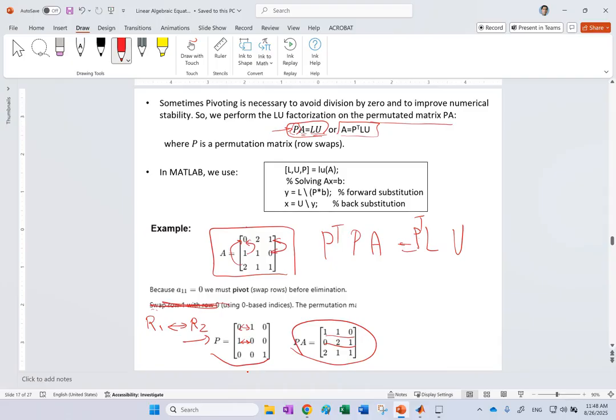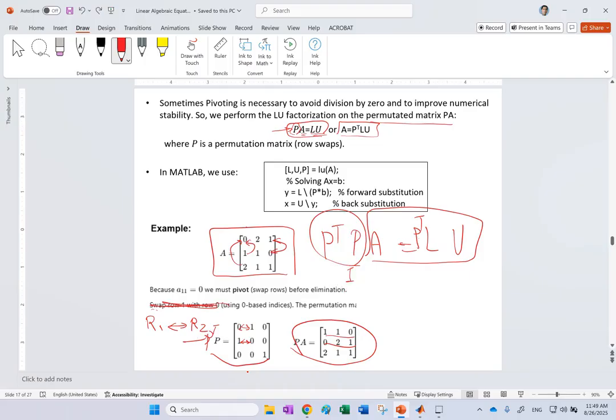And it's not very hard to see that P transpose multiplied by P gives an identity matrix. So A can also be written as P transpose times L times U. Because P swaps row 1 and 2, P transpose swaps row 2 and 1. So when they multiply together, they cancel each other and there will be no effect. So the effect is identity.